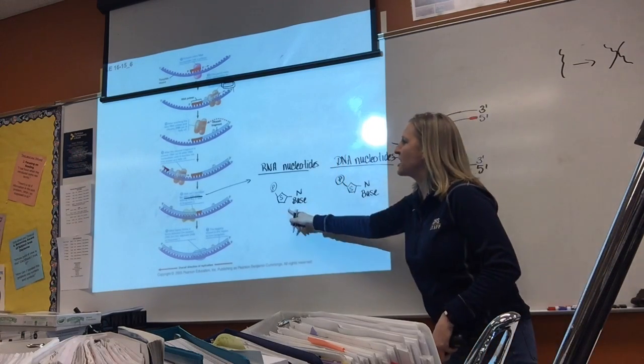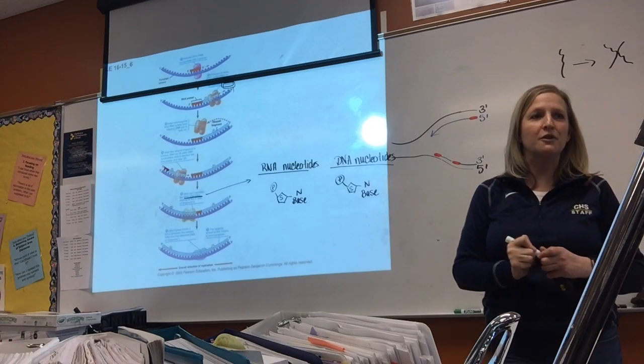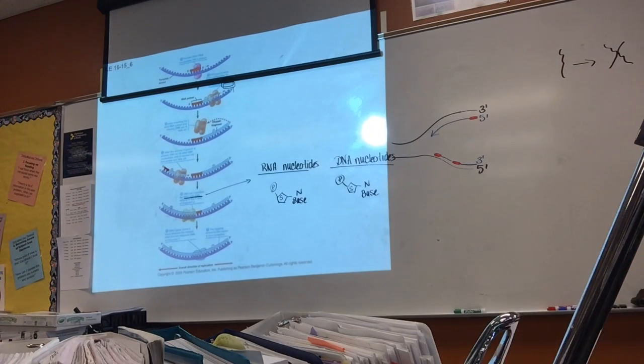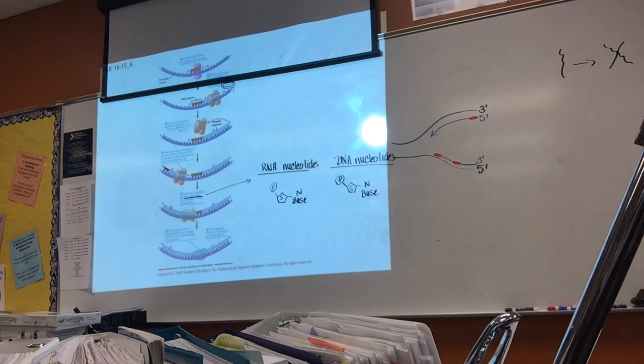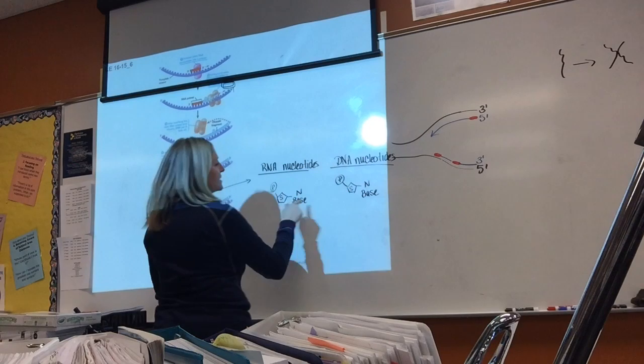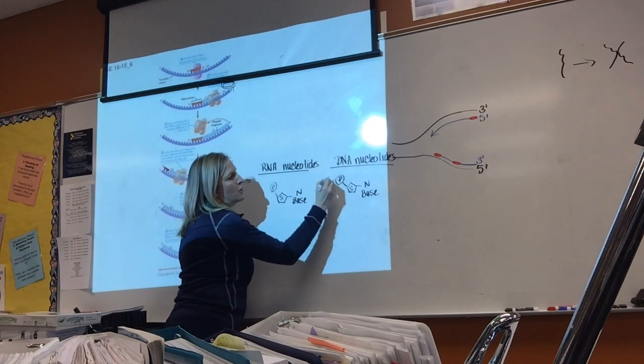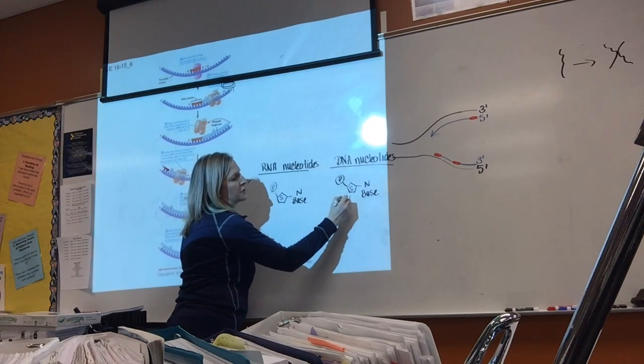What's the difference? Do you guys remember what's the difference between the nucleotides in DNA versus RNA? And it's represented in the name. Grace? DNA has deoxyribose sugar and RNA just has ribose sugar. That's right. So the first difference is in the sugar. The D in DNA stands for deoxyribose.